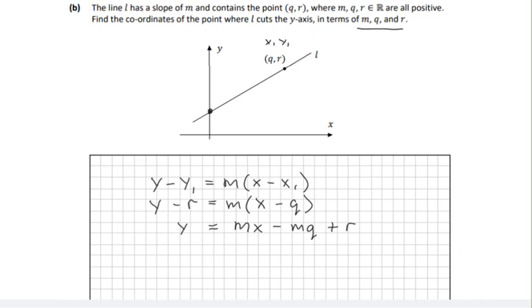Let's set x to 0 now for the condition of the y-intercept, and we will get y is equal to r minus mq. So the coordinate will be 0 in the x direction and r minus mq in the y direction.